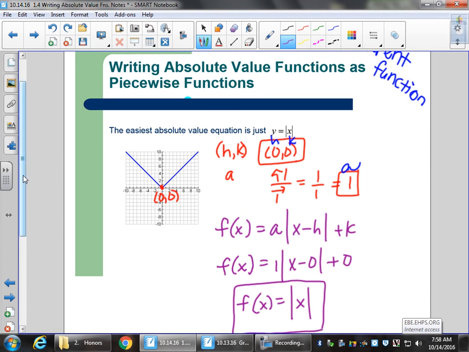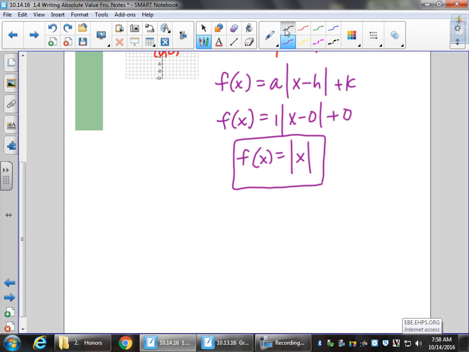So piece number 1, I'm going to call it the right side. Keep absolute value.